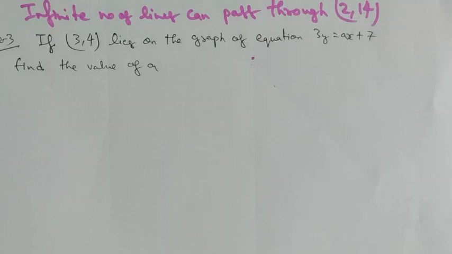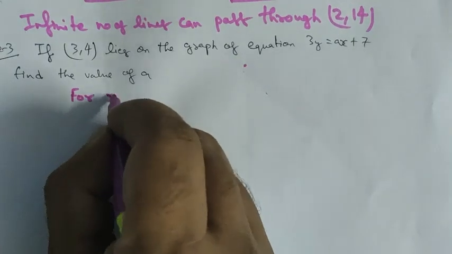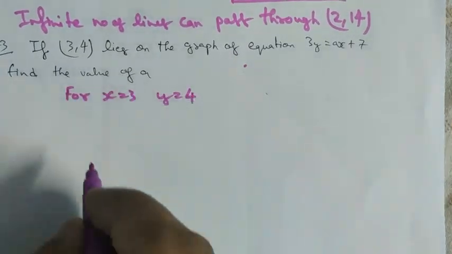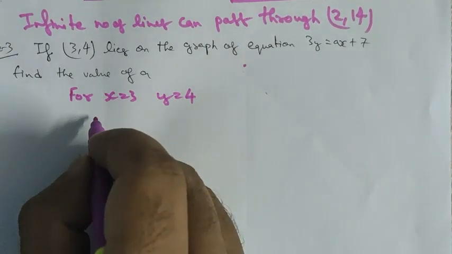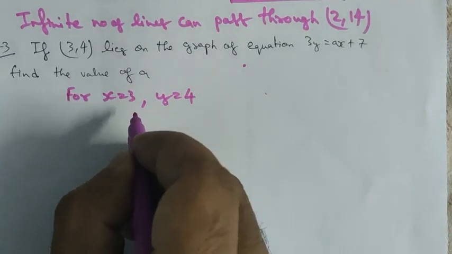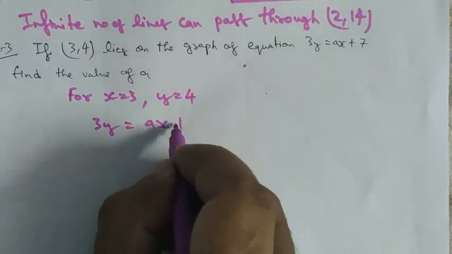Okay, question 3. If (3, 4) lies on the graph of the equation 3y = ax + 7, find the value of a. So (3, 4) means x equals 3 and y equals 4. We will substitute x equals 3 and y equals 4 in the equation 3y = ax + 7.